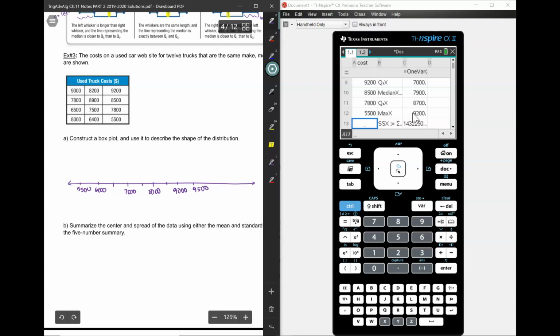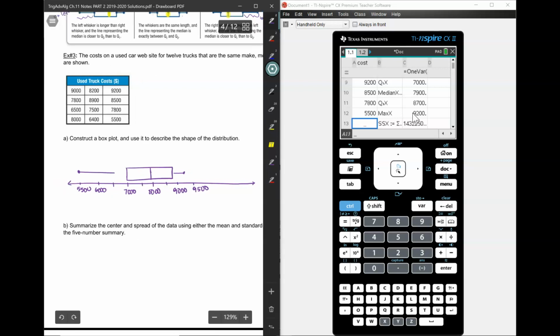All right, so now the minimum we said was 5,500. My Q1 is 7,000. My median is 7,900. My Q3 is 8,700. Look at how nicely that looks. And then the maximum is 9,200. It's like right there. Boom.